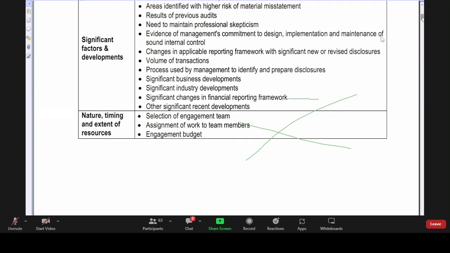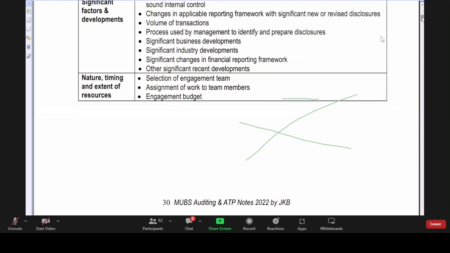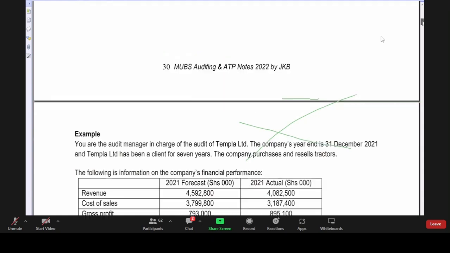Then there are what we call out of pocket expenses. You learn more about them, like how much is it? How much are we going to use? Because most of them will have to move from the audit offices to the client's offices. How much you're going to use from the engagement budget?